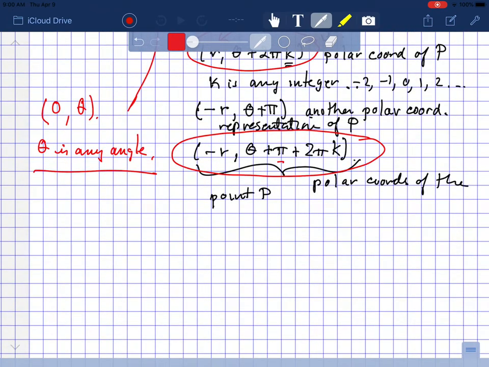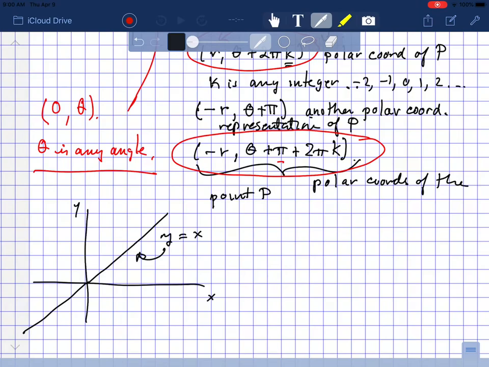Now let's suppose that I have a line. Let's make it this line here. So this is y is equal to x, right? Here's my x-axis and here's my y-axis.